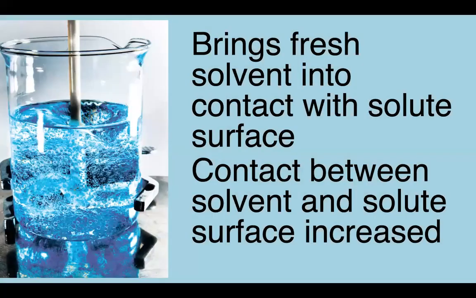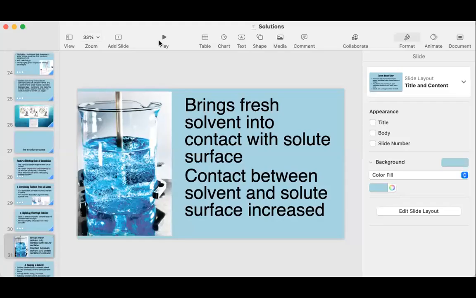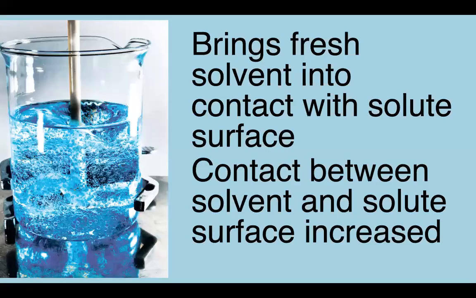So again, stirring brings fresh solvent into contact with the solute surface. Basically the contact between the solute and the solvent is increased, and that means that dissolving will occur quicker.